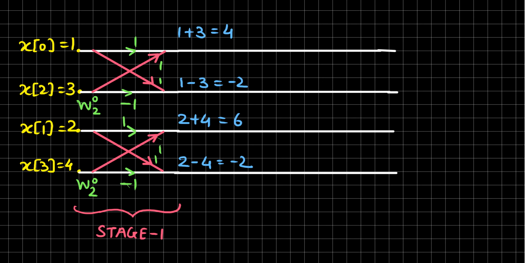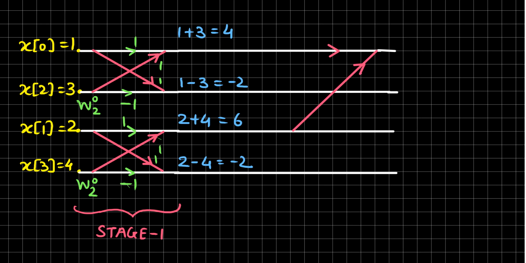So this first point here can be obtained by this point, that is x of 0 and x of 1. So we have x of 0 as it is, and then we are going to consider this x of 1.